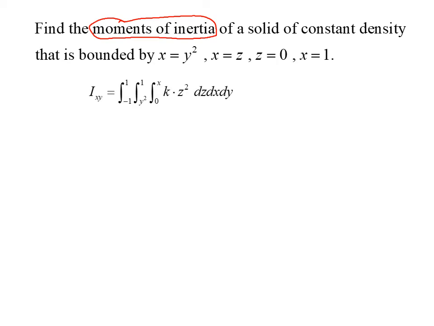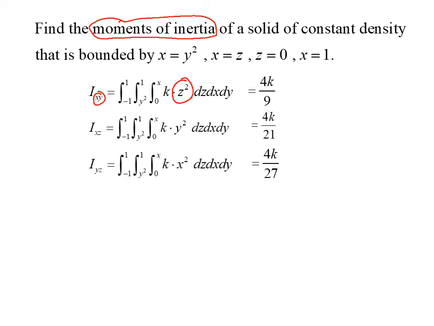So if we want the moment of inertia about the xy plane, it's just like the moment about the xy plane. We've got the distance squared, and the distance from the xy plane is z. Likewise, the other moments of inertia would look like this.